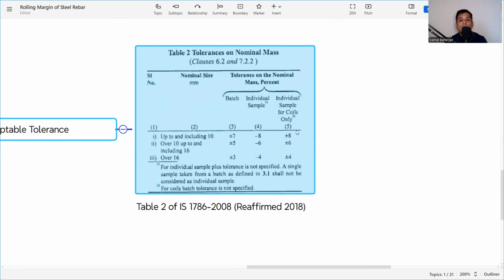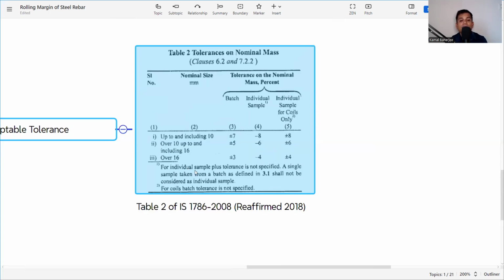For coils, which we are not discussing here, it is plus or minus 8%. Then over 10 and up to 16 mm, it is plus or minus 5% for the batch, and an individual sample is minus 6%. Over 16 mm, the batch is plus or minus 3%, and an individual sample is minus 4%.